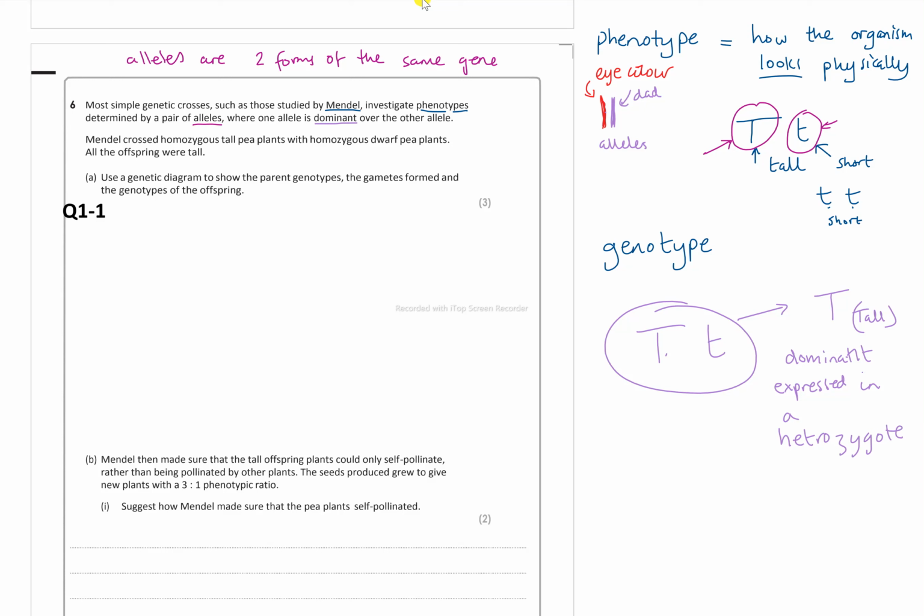What that means is you've got homozygote. Homo just means same. So when you've got both the same genes that code for small or tall, these two are homozygotes. This here is a heterozygote.